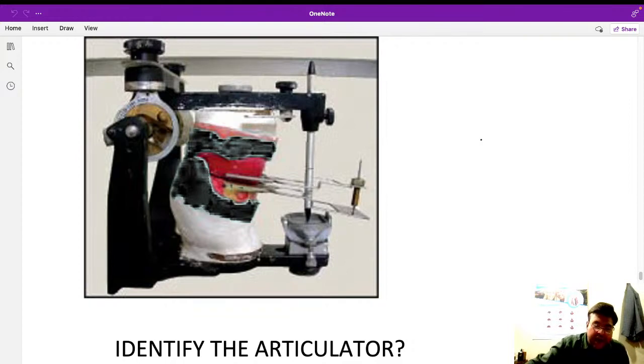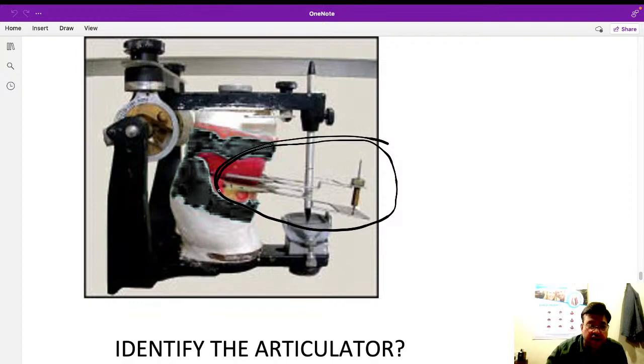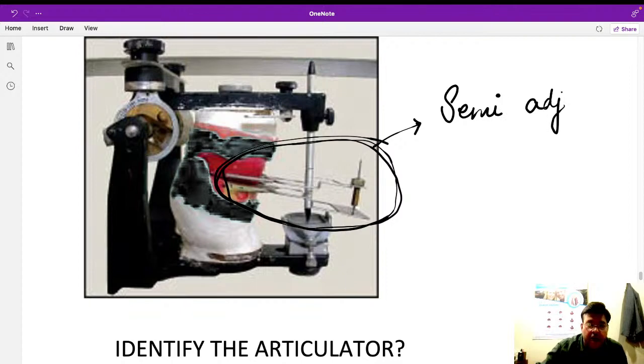See, what you see in this image is that there is a tracer which is attached. These tracers can only be attached in a semi-adjustable articulator.